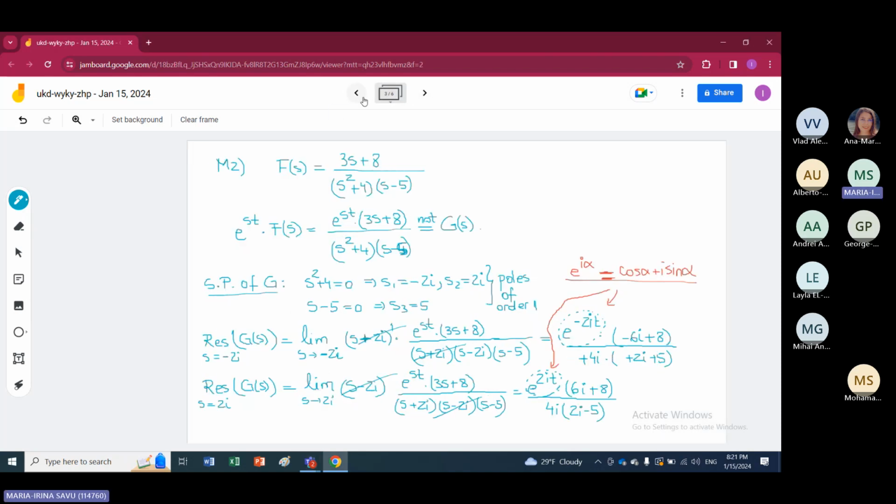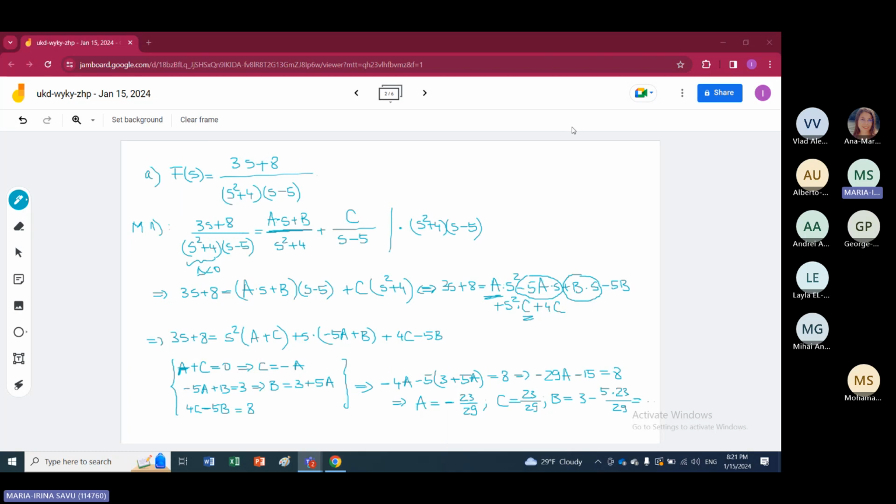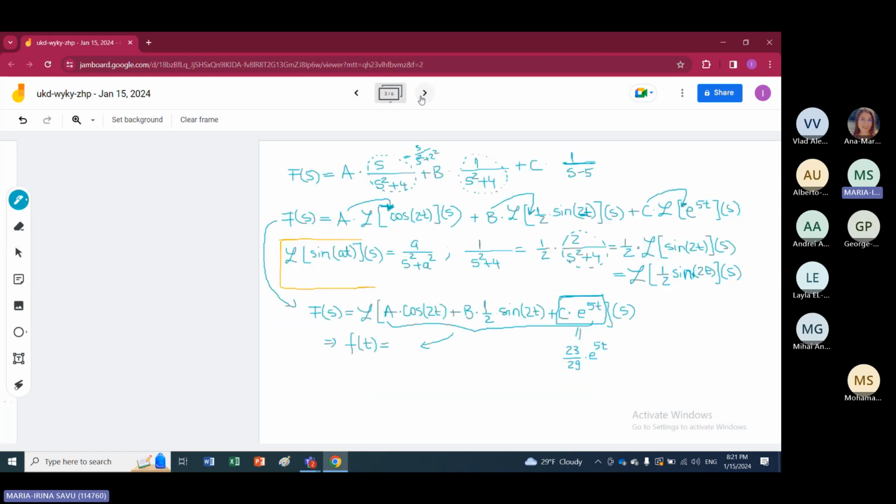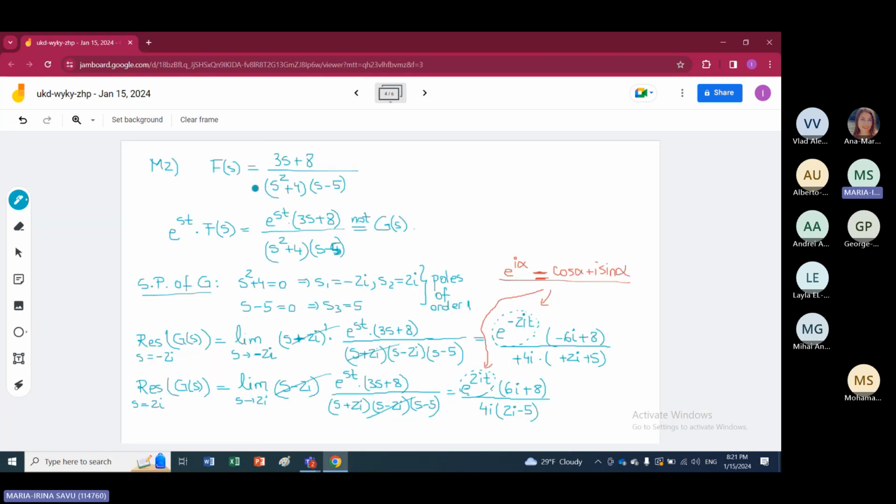Using the first method here was, from my point of view, easier than using the second one, because here you have found quickly A, B, and C, and then you used some formulas to see that these are the Laplace transforms of these functions, and the computations were not so long. But when you try to solve this using the second method, the problem is that you have complex solutions.